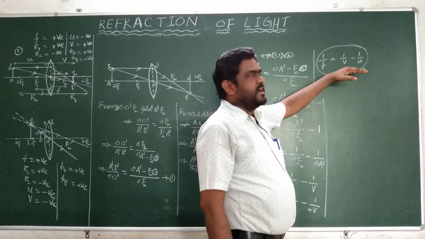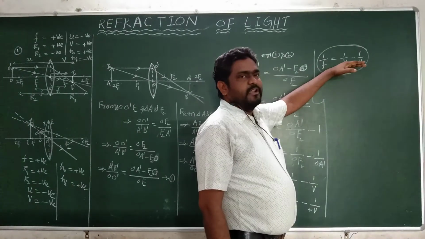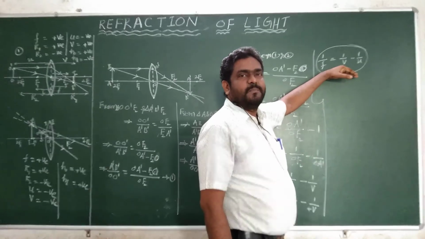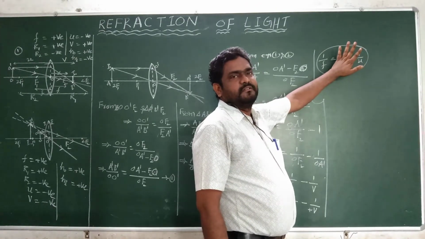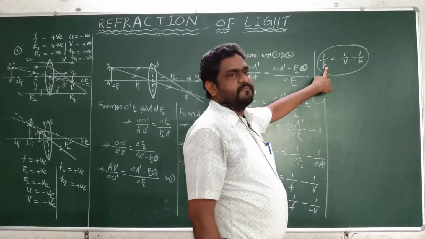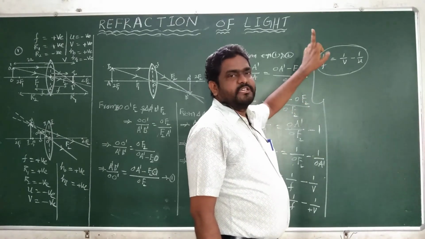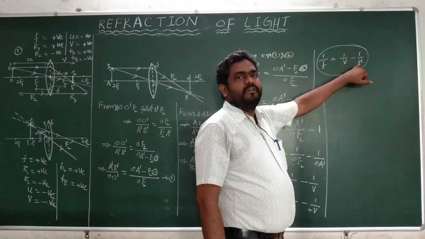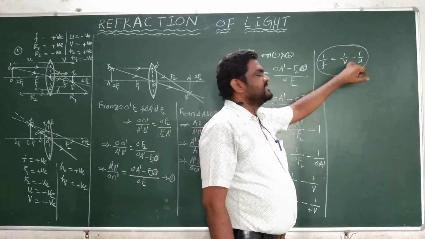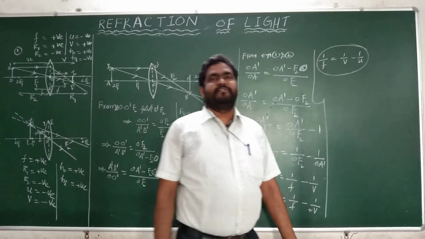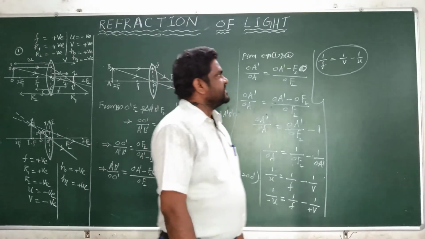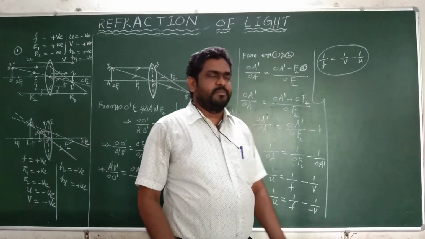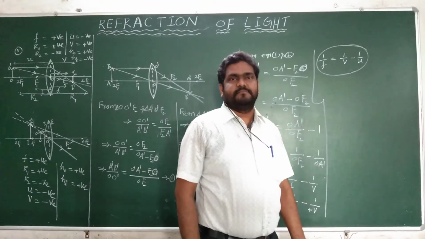When we are using this formula, you should compulsorily apply the sign convention. For convex lens, F is positive. For concave lens, F is negative. Object distance is always negative. Image distance is, in some cases, positive for convex lens. So when we use this formula, we have to apply the sign convention.